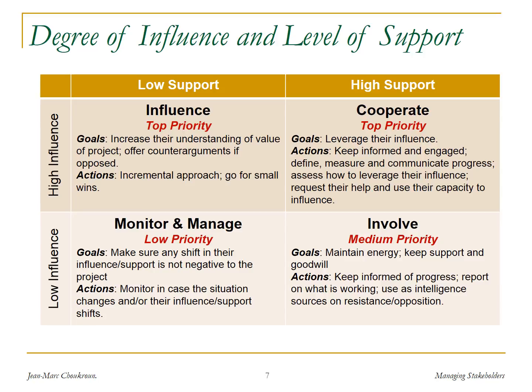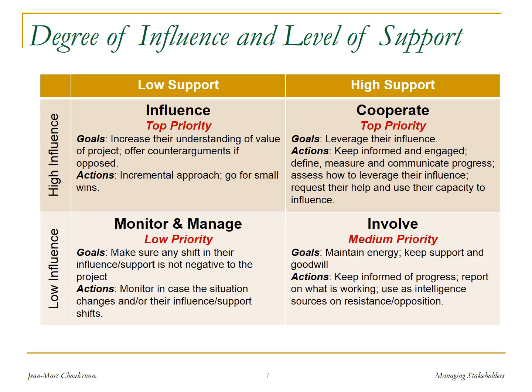So what do you do? You want to have a very strong level of cooperation with them. You want to keep them informed and engaged. You want to communicate and measure progress. You want to really understand how to leverage their influence. And whenever possible, you want to request their help and basically use their capacity to influence others.